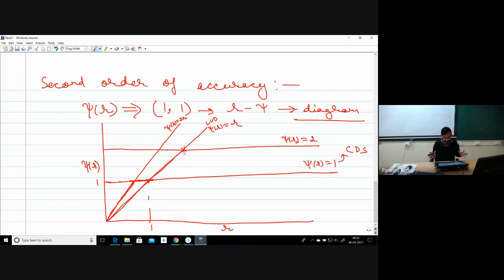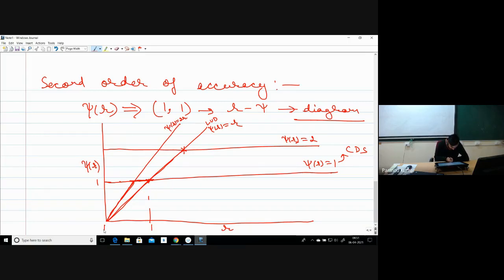Okay, so by the intersection of all the imposed conditions, can you tell me now what will be the region which will be satisfying both stability as well as the second order accuracy condition? Can you tell me?